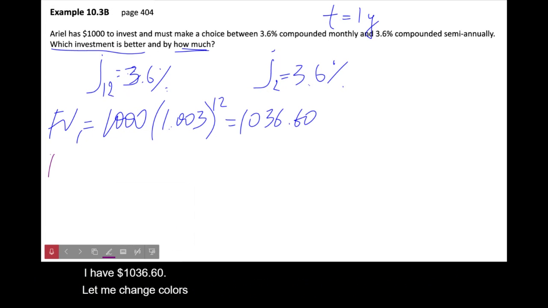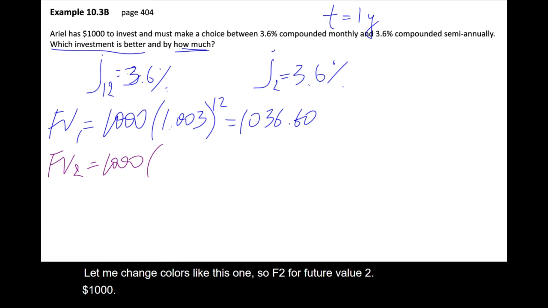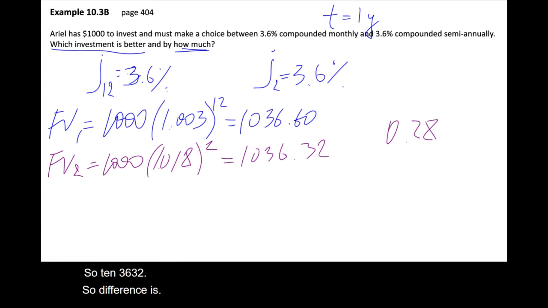So F2, for future value 2, is $1,000 times 1.018 exponent 2. That's for J2. So 1,036.32. The difference is 28 cents, right?